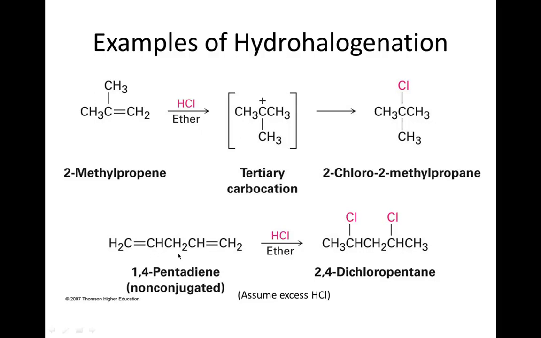This molecule, they didn't balance the equation, but if you had put in 2 molecules of HCl, then you would get Markovnikov addition on both ends, and everything looks just fine. And so I added this note here that we're assuming that we have excess HCl. I know organic chemists tend to be pretty sloppy about balancing our equations.